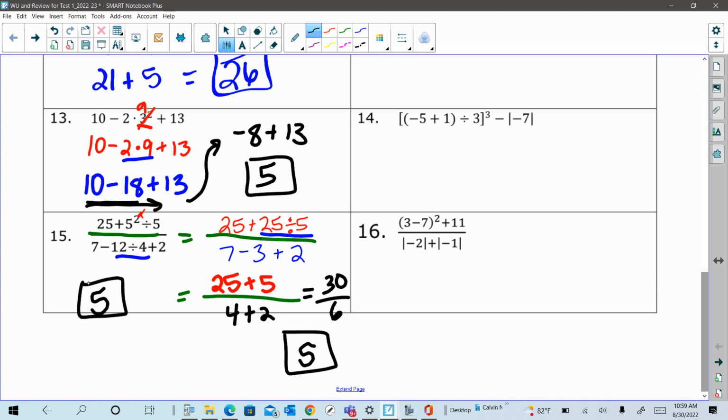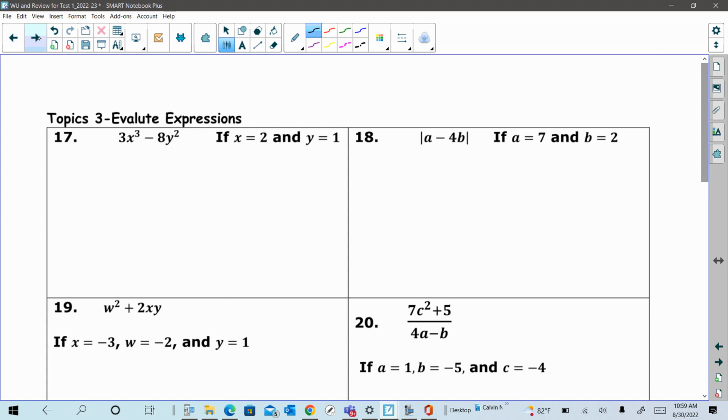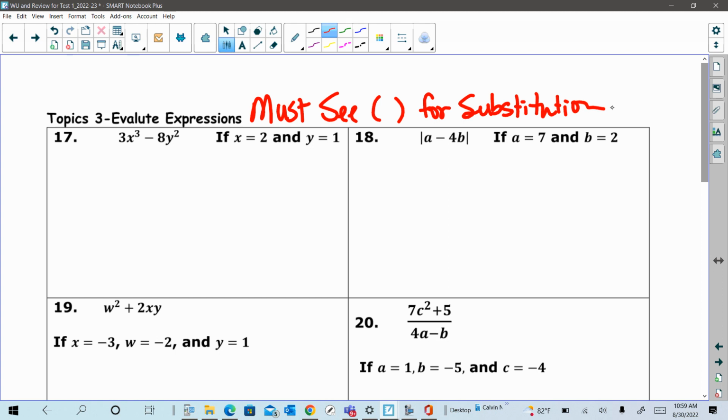So on the back, the last section. Now for this, to receive partial credit, I must see the parentheses for substitution. So I am substituting a 2 for the x equals 2, and 1 for y.